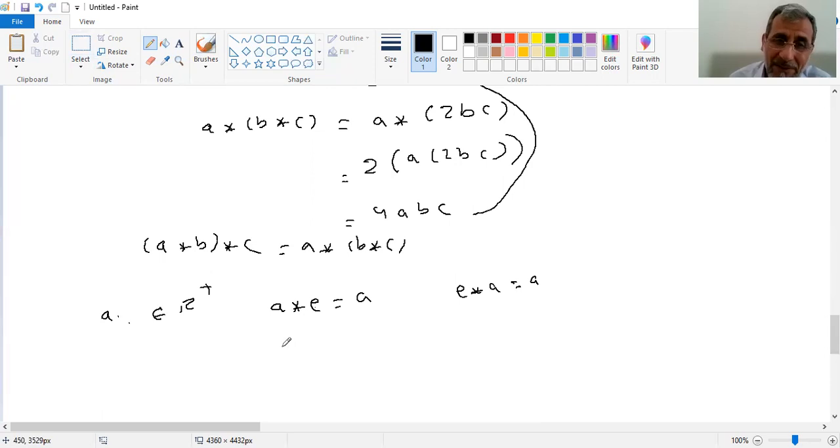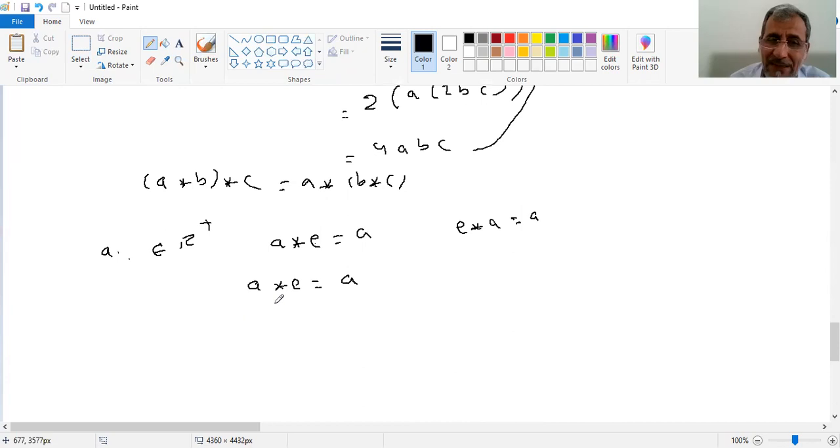Number one, a star e equals a. Yes, there is. a star e equals 2ae, which must equal a, a positive real number. So 2e is equal to 1.